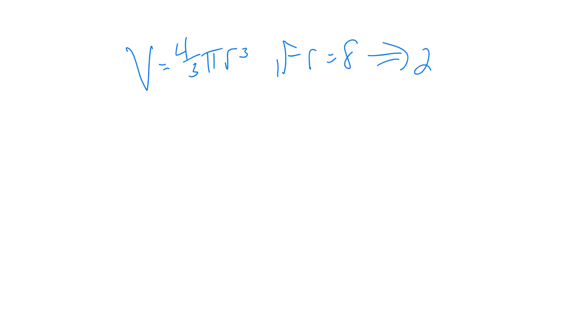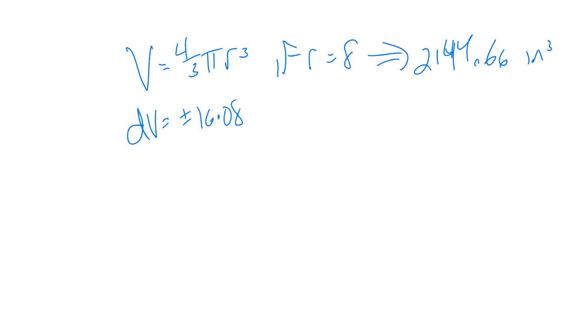Okay, so the volume being 4/3 pi r cubed, if r is 8, then the volume is 2144.66 cubic inches. And now the dV, which is our propagated error, we found to be plus or minus 16.08.